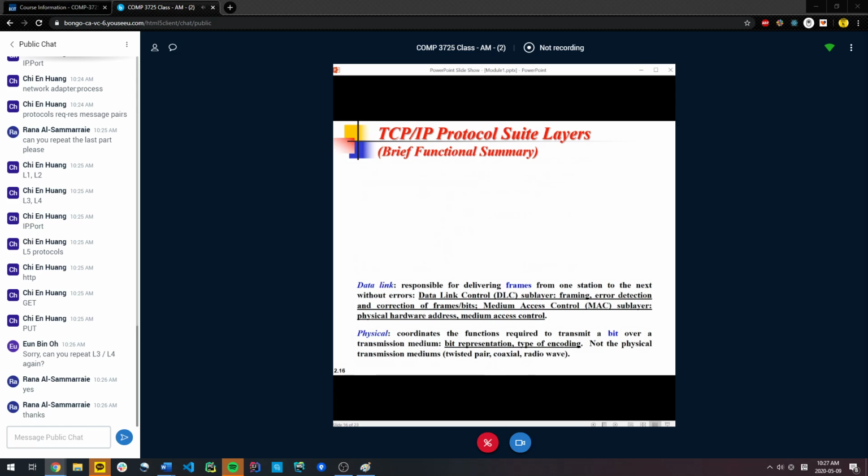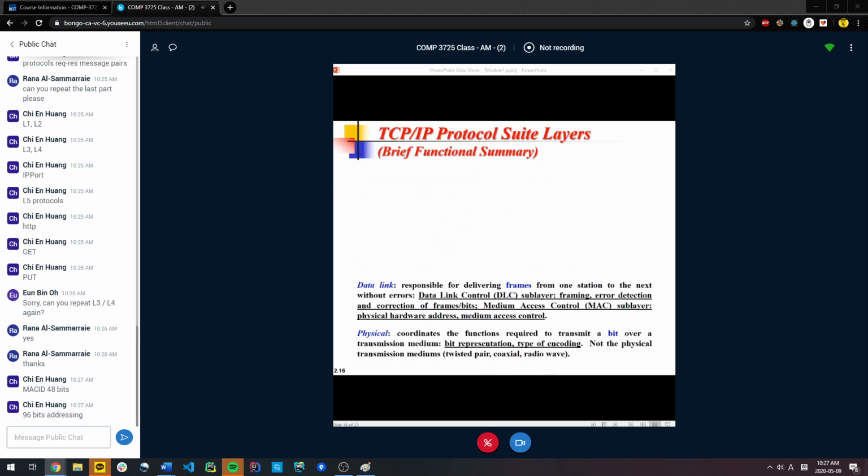I don't know if you guys are aware, but MAC IDs are 48 bits. Do you think it is likely that I'm going to add 48 bits of addressing? In fact, I need to add 96 because of to and from, for every single data bit that I'm going to transmit across a network. That would mean I need to carry 96 bits of addressing for every data bit. Is that efficient?